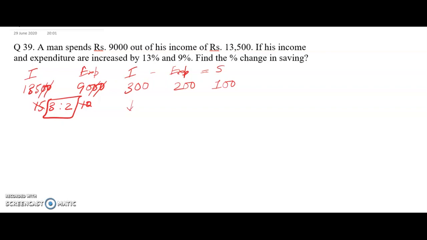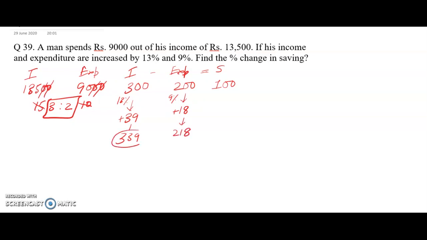Now the question says the income is increased by 13%. So 13% of 300 is 39. So the new income will be 339. Expenditure is increased by 9%. That is 9 2s are 18. So our new expenditure is 218.